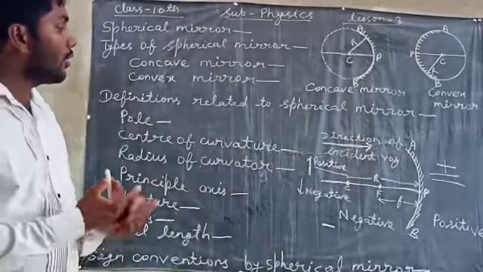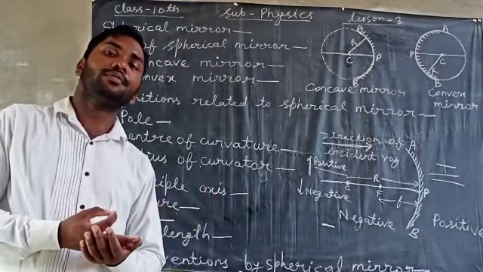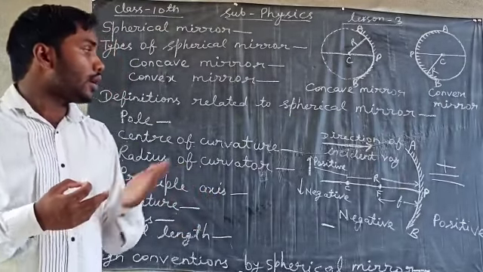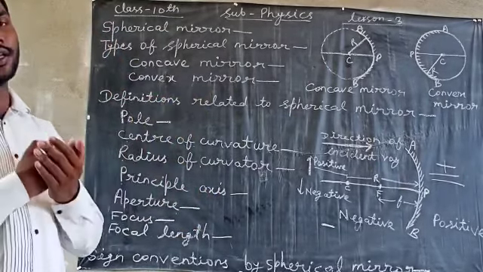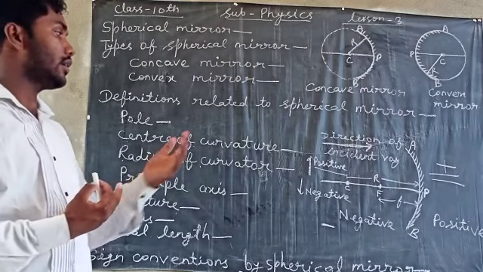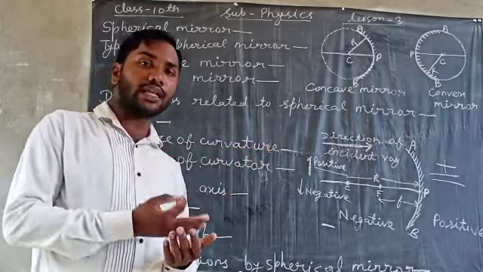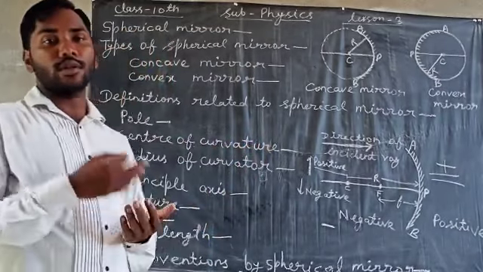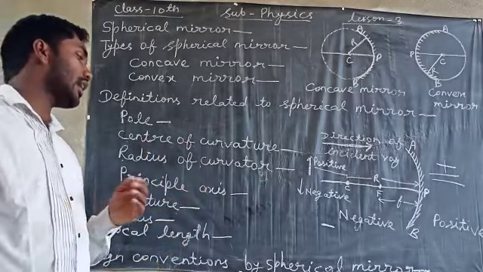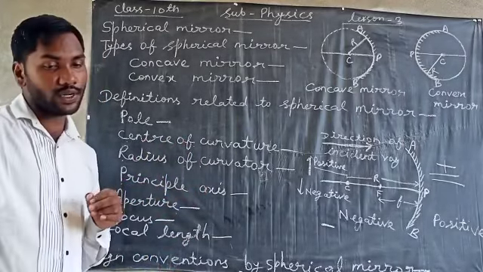So this way we consider signs in the spherical mirror. In the direction of the incident ray, the distance is considered positive, and in the opposite direction, negative. So these are the sign conventions for spherical mirrors.